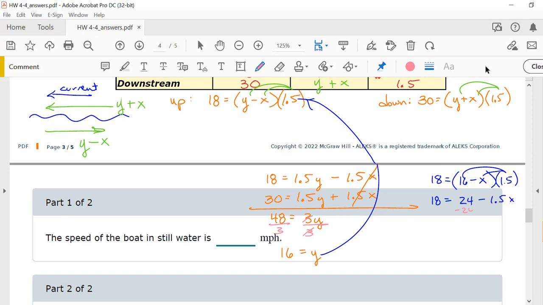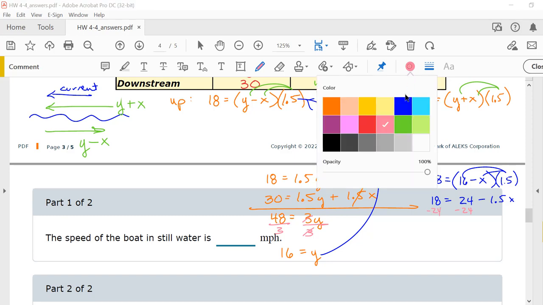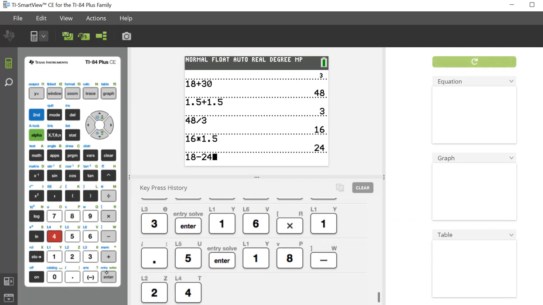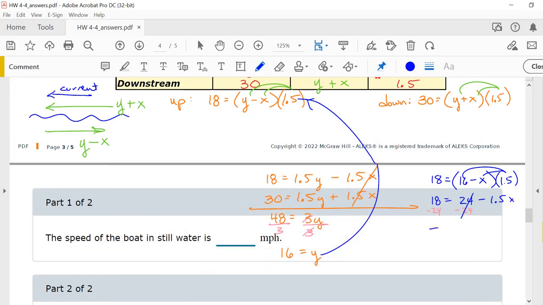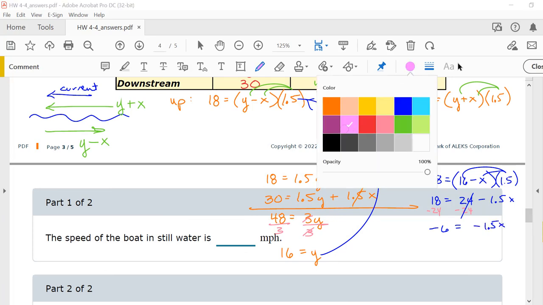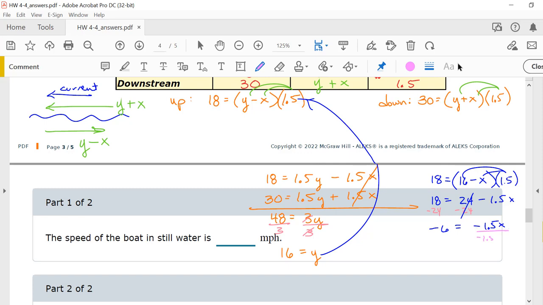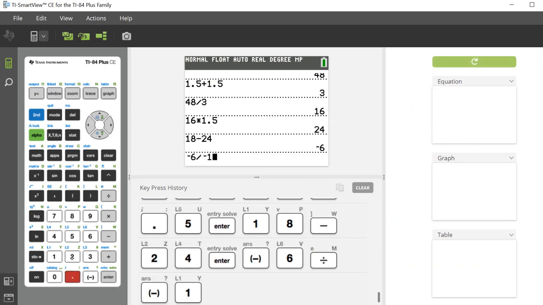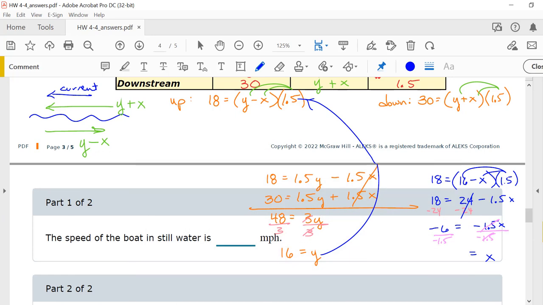Subtracting 24 from both sides, 18 minus 24 is -6 equals -1.5x. Dividing by -1.5, I get x equals -6 divided by -1.5, which is 4.